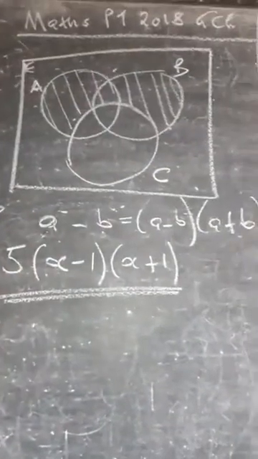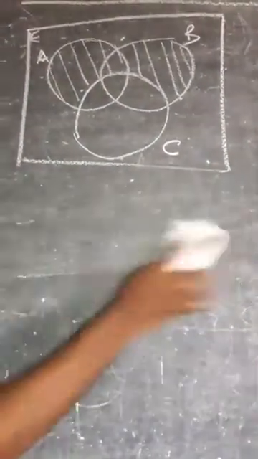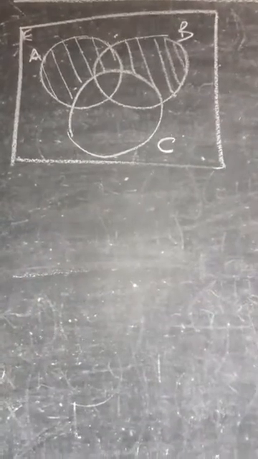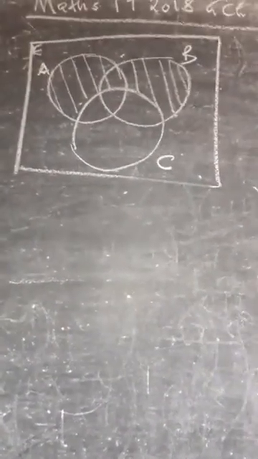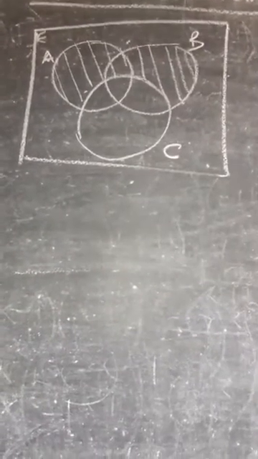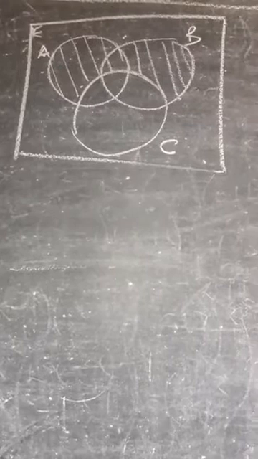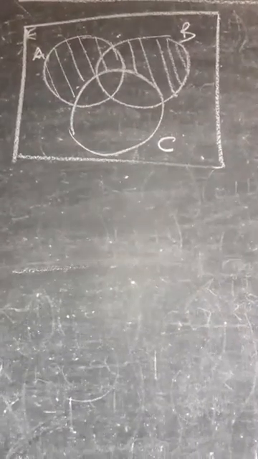So they have not shaded C and the outer part. So number 1, let's look at what has been shaded. So we are finding a set notation that defines that. So let's first see what has been shaded.